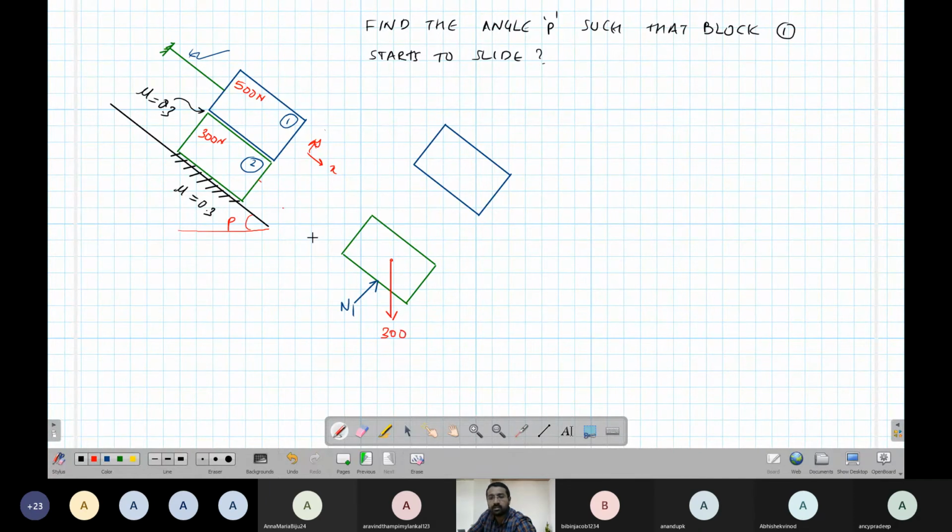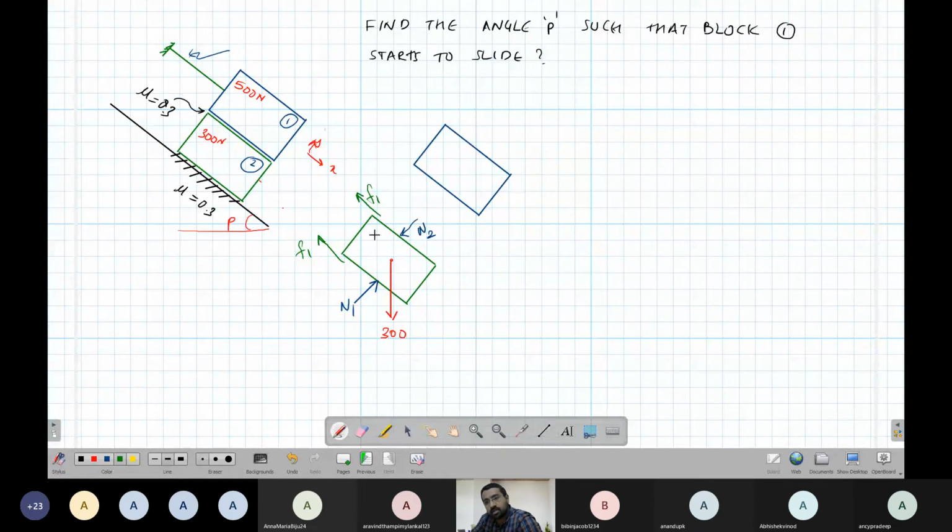Okay. There is a friction force here. I'll call this F1. There is a contact force between these two, in this direction, N2, and there will be a friction force in this direction, similar to the other body.